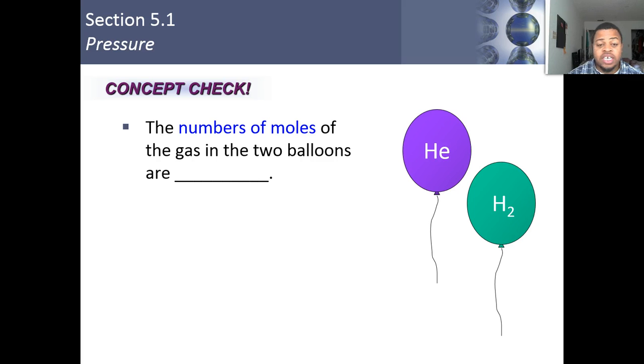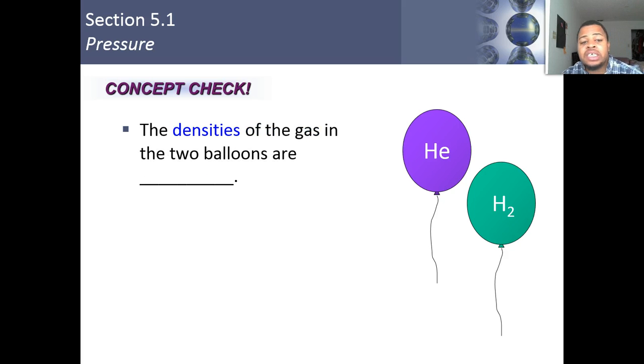Well, we're going to actually get to this part in just a second, but thinking about what our good friend Avogadro, one of the things that he's going to point out is if we have the same temperature, same pressure, and the balloons are the same size, the molar relationship should also be the same. And last but not least, the densities of the gases are going to be what? Well, considering we have two different gases with two different masses, they're actually going to be different.